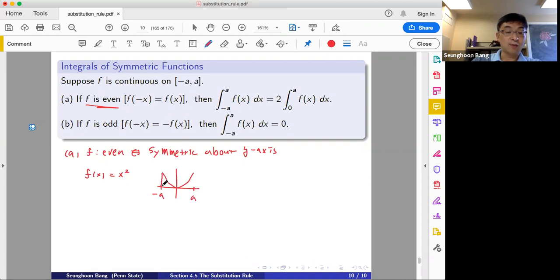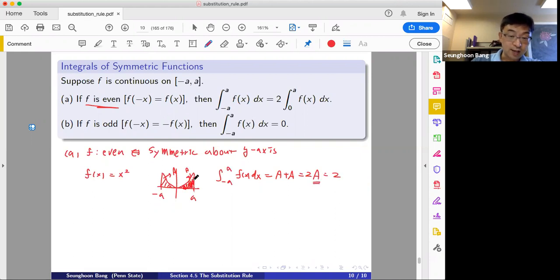So we can choose -a and a, and we have this area. What is this area? This area is the integral from -a to a of f of x dx. We can write this area as A, and this other area is also A, so A plus A is 2 times A. How can you find A?